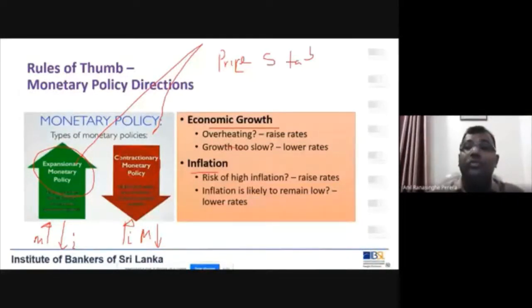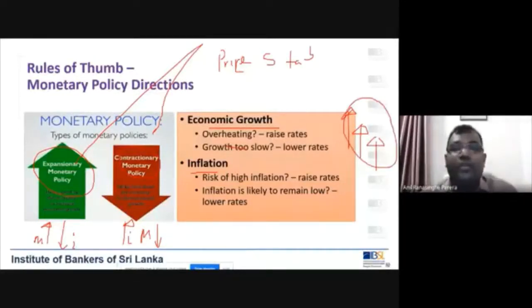So if growth is going high, you call it overheating. When growth is going high, there is a risk that inflation is going up. So as a result, the central bank increases the interest rates to control the economic overheating and high inflation.